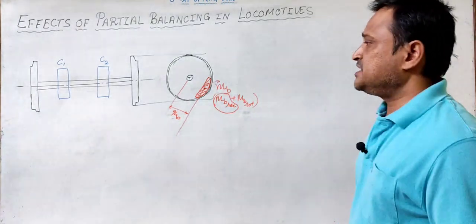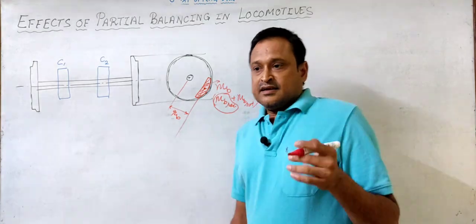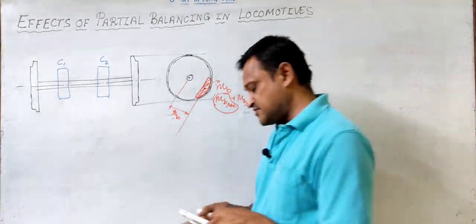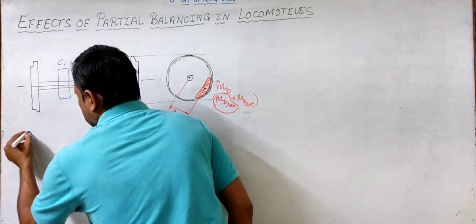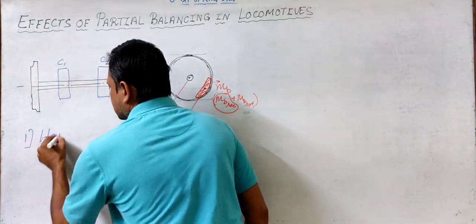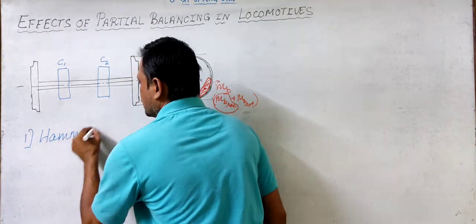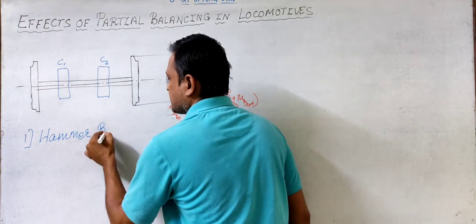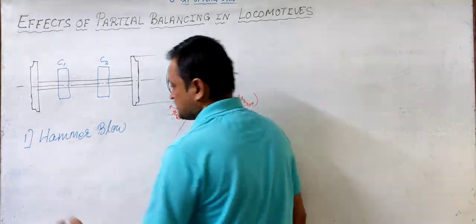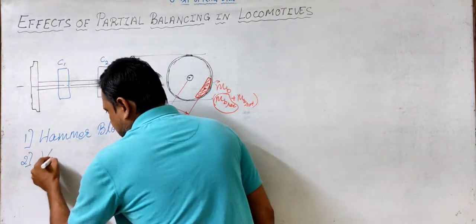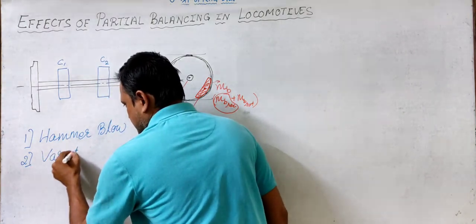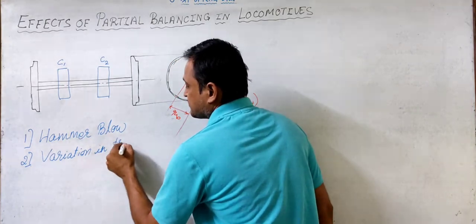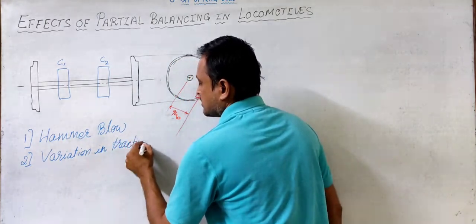So there are three effects predominantly seen in these systems. First, it is called the hammer blow. Second is the variation in tractive effort.